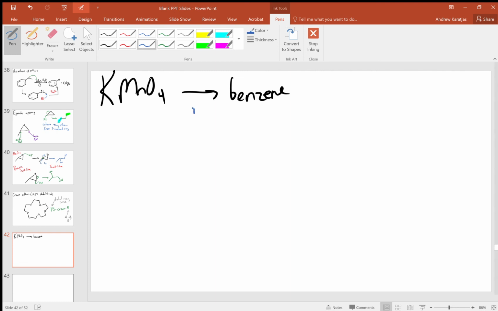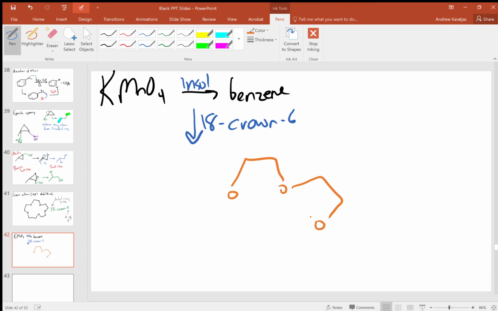But all of a sudden, to this mixture, we add 18 crown 6. So 18 crown 6 now is an 18-membered ring with 6 oxygens, looking something like that.